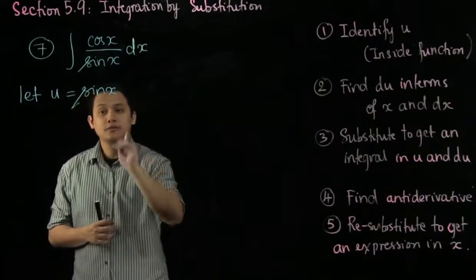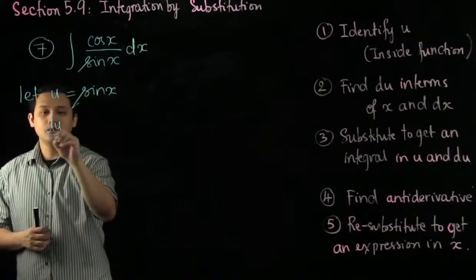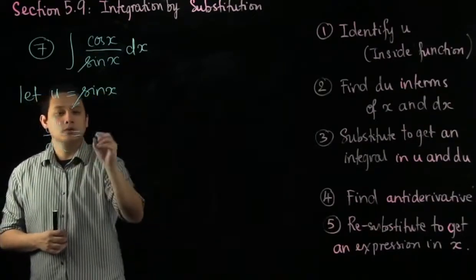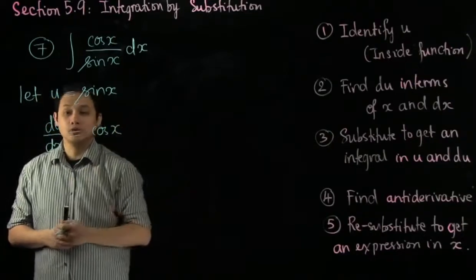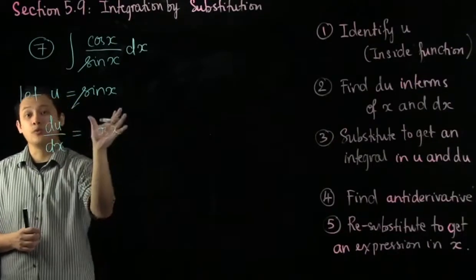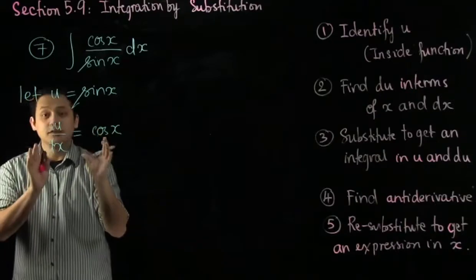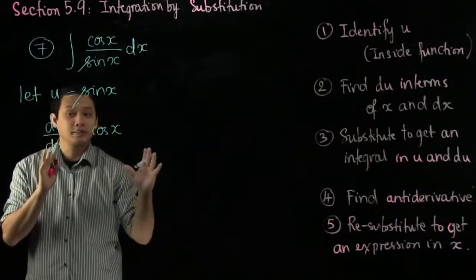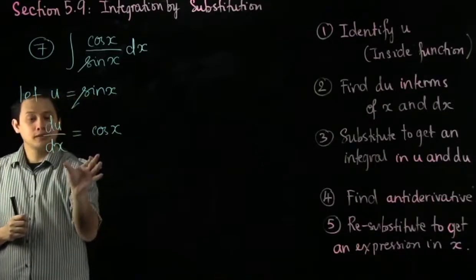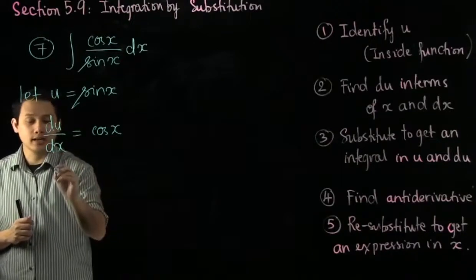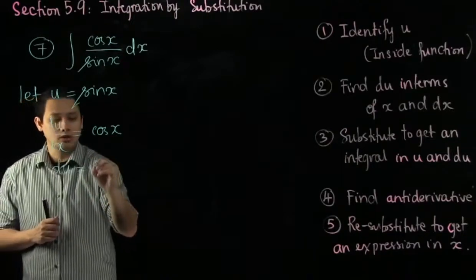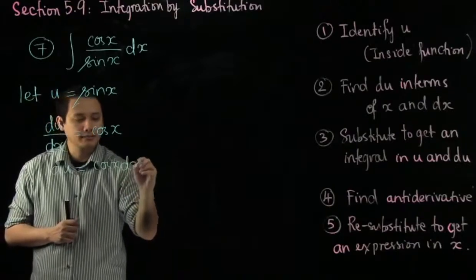If you take the derivative of both sides of this, I have du/dx equal to positive cosine of x. So you need to be careful, we're talking about the derivative, not the antiderivative. From here, you multiply dx across and you have du equal to cosine of x dx.